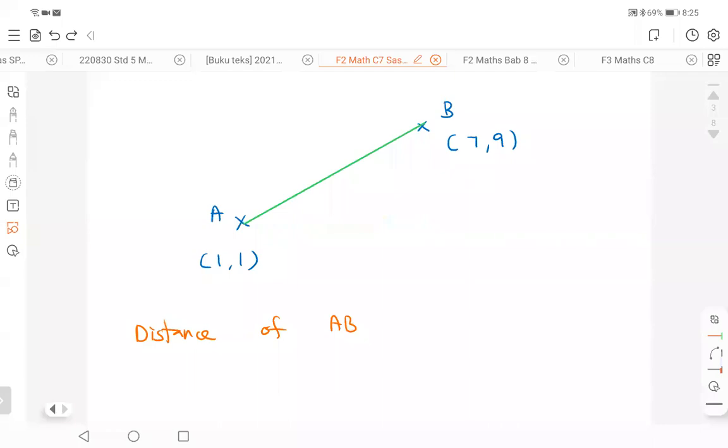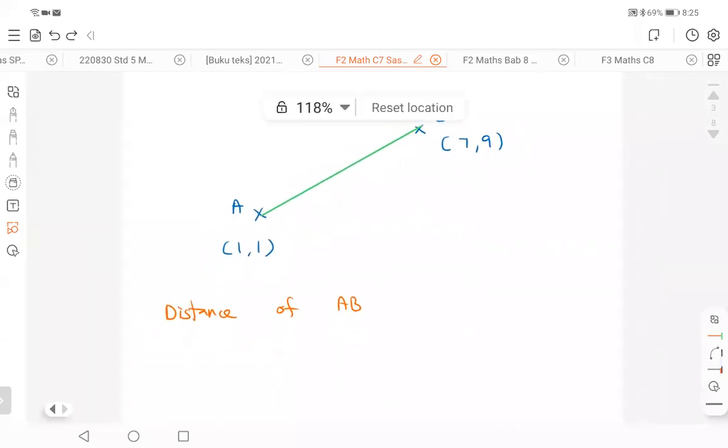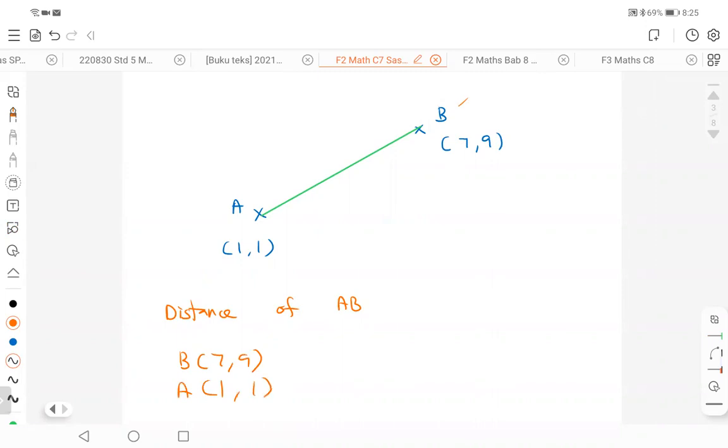So look at how I do it. Just list down the coordinates once again. You can take the higher point first. B, 7, 9. A, 1, 1. And how do we find the hypotenuse again? Square root and then x square plus y square, right?